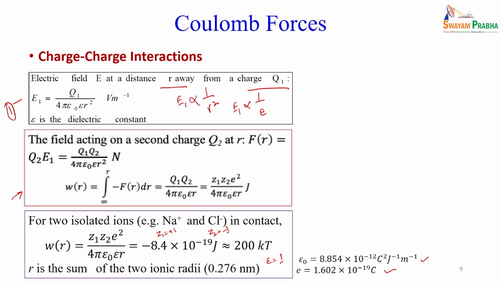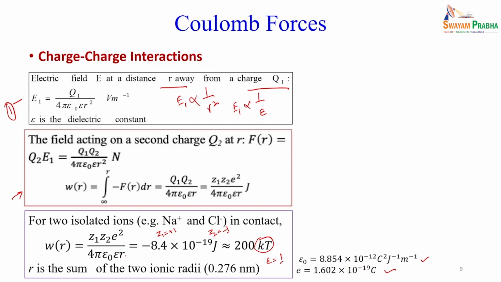As we discussed in the last class, energy can always be converted in terms of thermal energy. So, it is coming out to be 200 kT. If you compare this value of thermal energy with the covalent linkage, it is found to be comparable. So, we can say the Coulomb forces are comparably as strong as the covalent interactions.